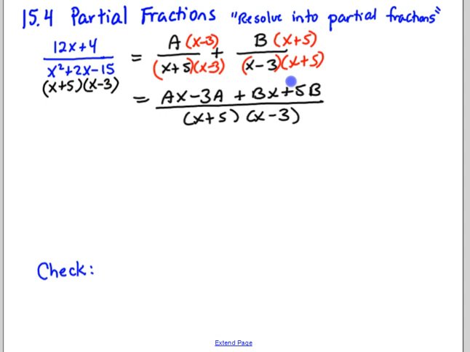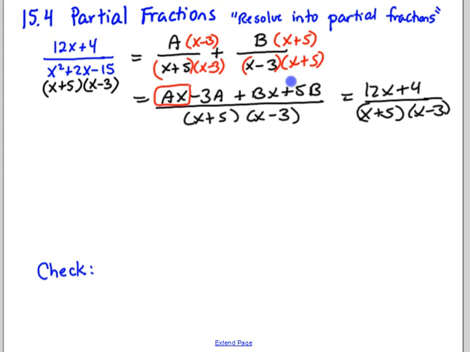And of course that's equal to 12x plus 4 all over x plus 5 x minus 3. So notice the denominators are the same. I already know my denominators are the same, so that means if these two expressions are equal to each other, the numerators must also be the same.